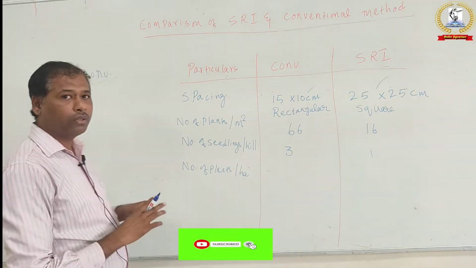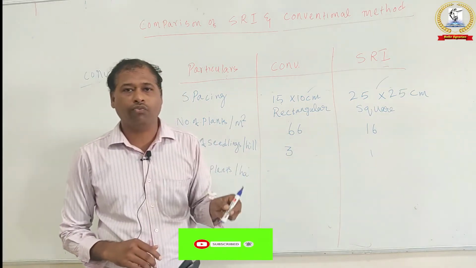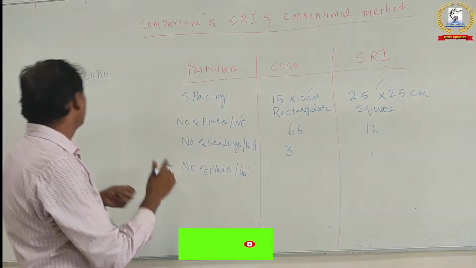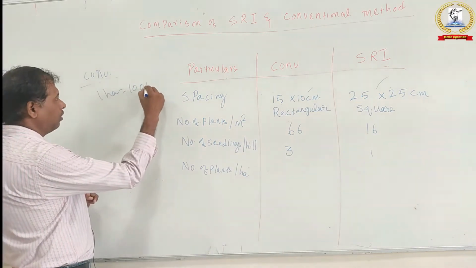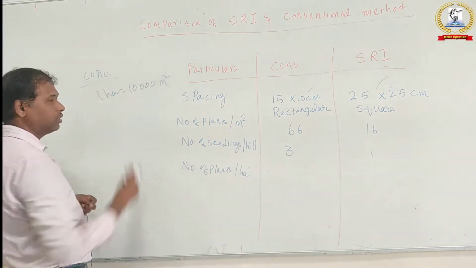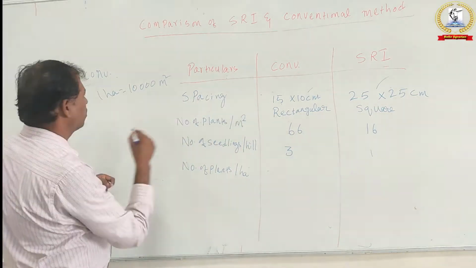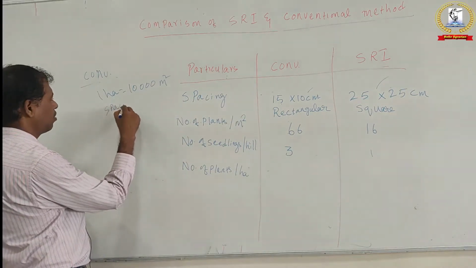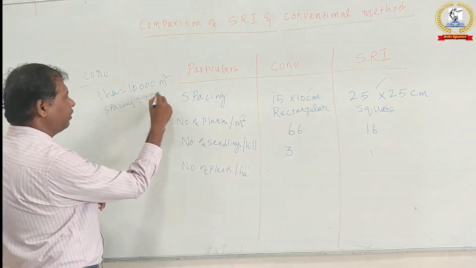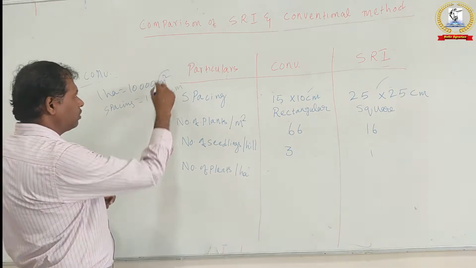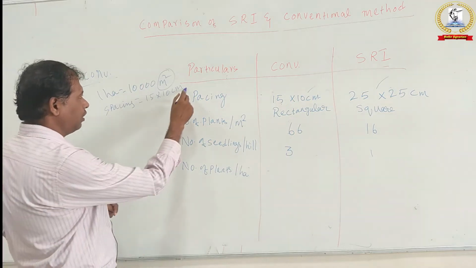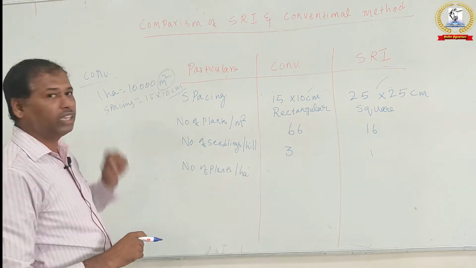And you all know the square meters in 1 hectare. For 1 hectare, that is 10,000 square meter, isn't it? Then spacing is 15 by 10 centimeter. Here we are using meter, but here the unit is centimeter.